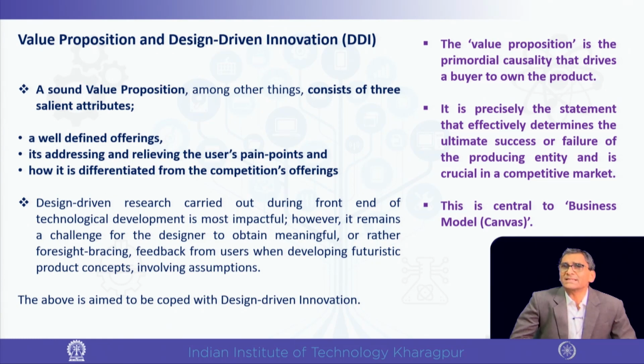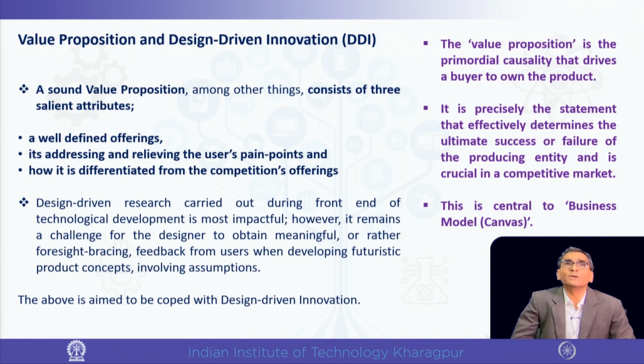So, this is central to the business model, or particularly, if we talk about a structured framework, we can call it the business model canvas. It is actually the central piece in the business model canvas. We will talk about the business model canvas and its value proposition component in a subsequent lecture.